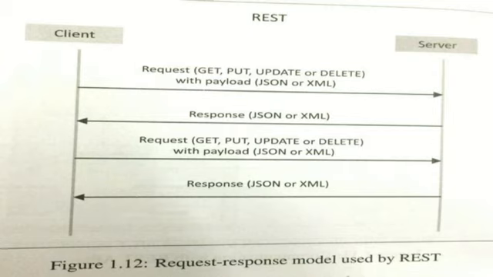Request again sent to the server, again the server will give a response to the client. This is the model which we have already seen, the request response model. The client will always give a request and the server will always give a response. Our internet is working based on this model only.